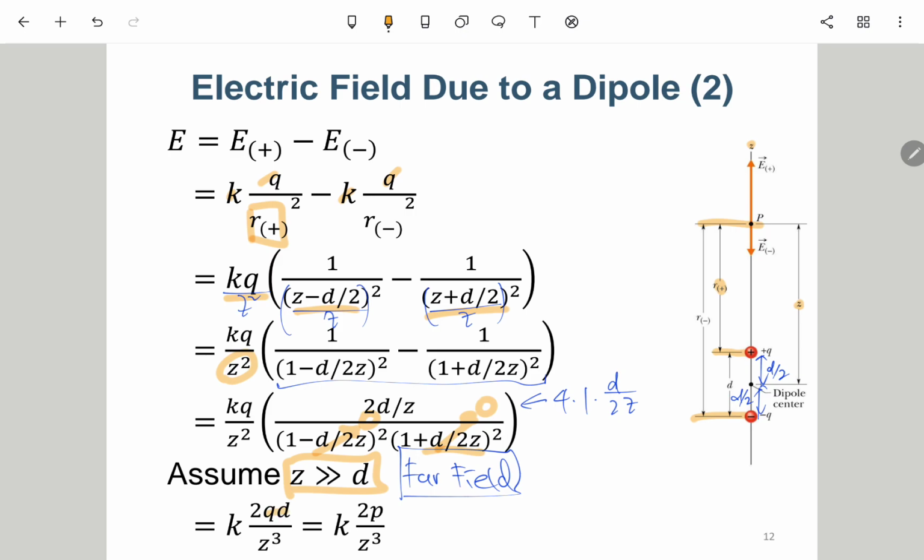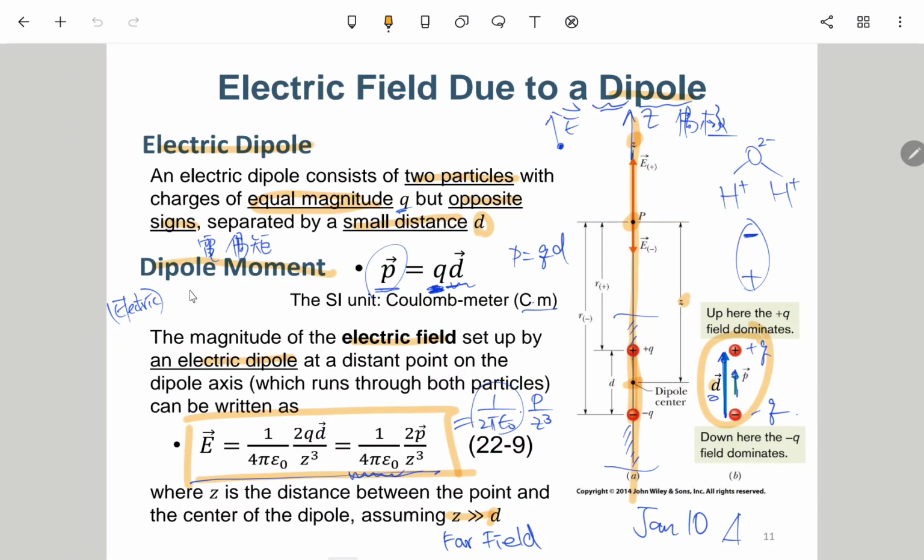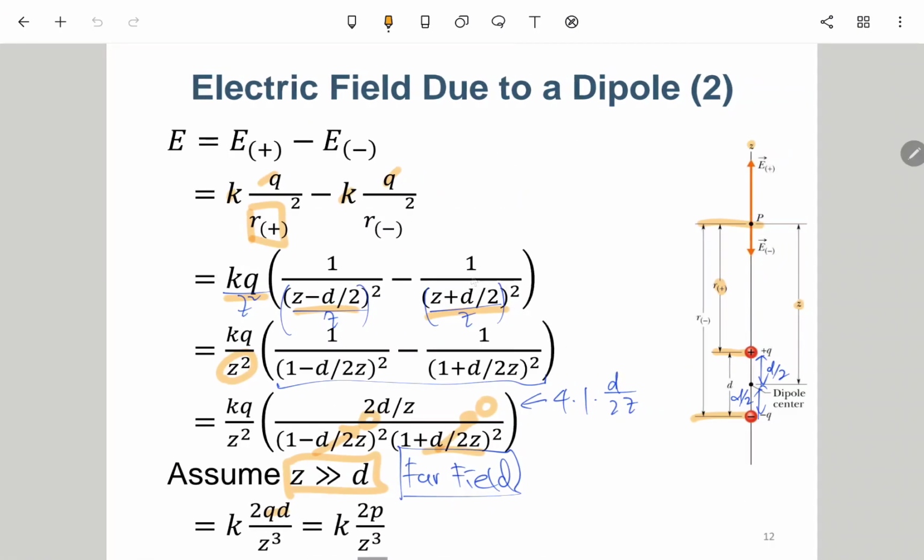If you still remember, qd is the electric dipole moment, so p equals qd. Finally, it becomes k times 2p over z cubed, which is the E field generated by a dipole along this z-axis.